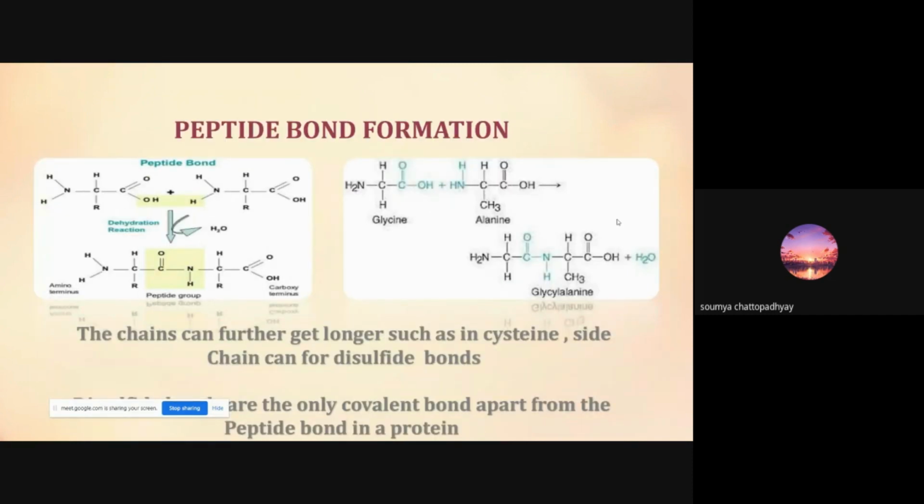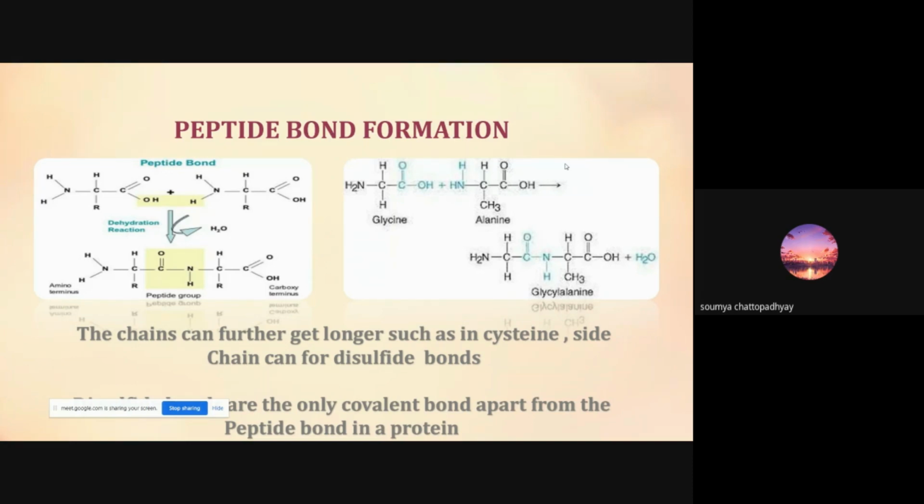Now going into the structural aspects, I will talk about how a peptide bond is formed. It is formed when the amino group of an amino acid and the carboxyl group of another amino acid interact with each other, and there is dehydration, a removal of water, and a peptide bond is formed. Now, in protein structure, there is one more covalent bond except the peptide bond, which is the disulfide bond.